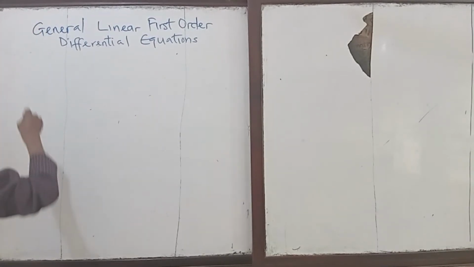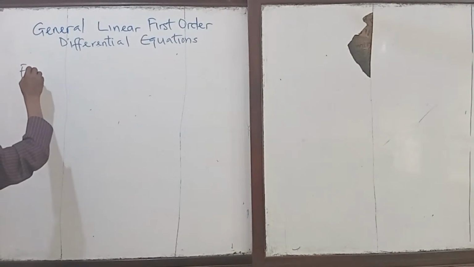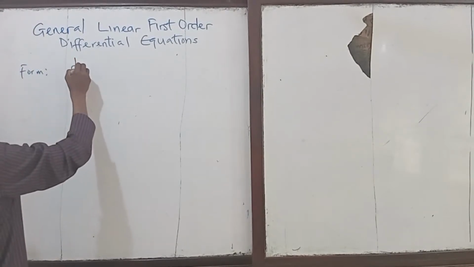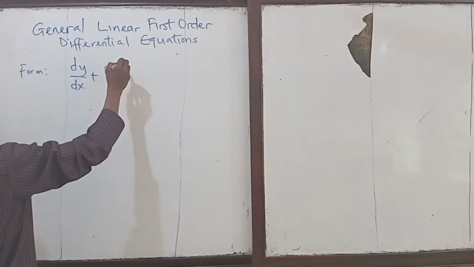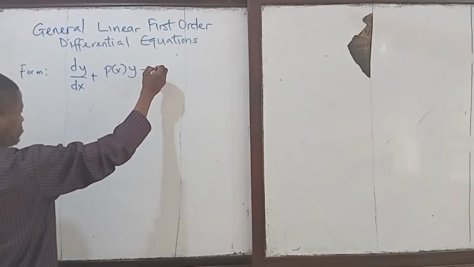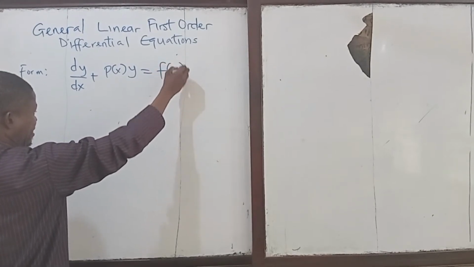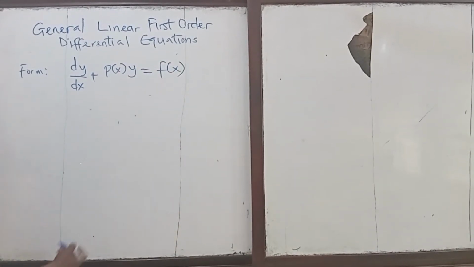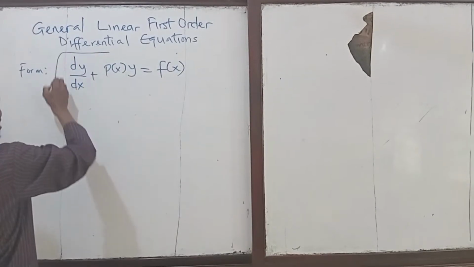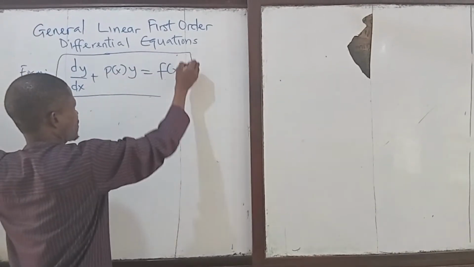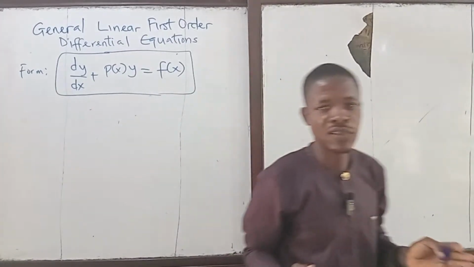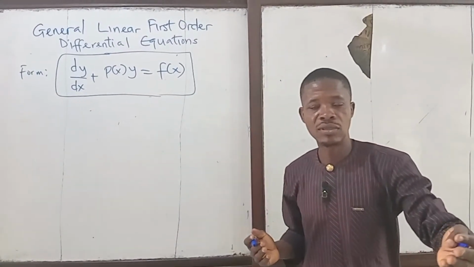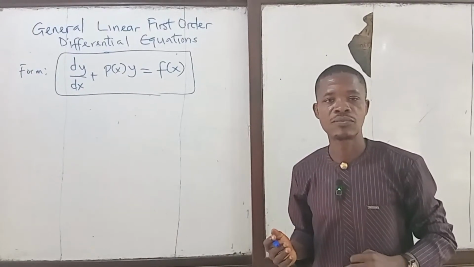The format is dy/dx plus p of x times y equal to f of x, it could be q of x. That's how it looks. Each of these differential equations has its own form, and the separable one has its own form.